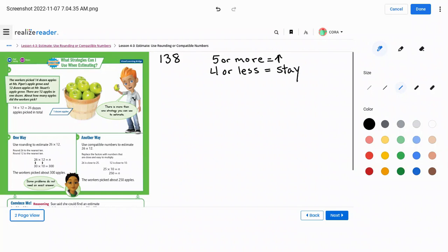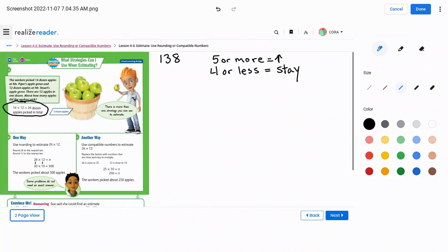Okay, so let's look at these problems we have here. So it says the workers picked 14 dozen apples at Miss Piper's apple grove and 12 dozen apples at Mr. Stewart's apple grove. There are 12 apples in 1 dozen. About how many apples did the workers pick? Okay, so first I'm looking at this part right here.